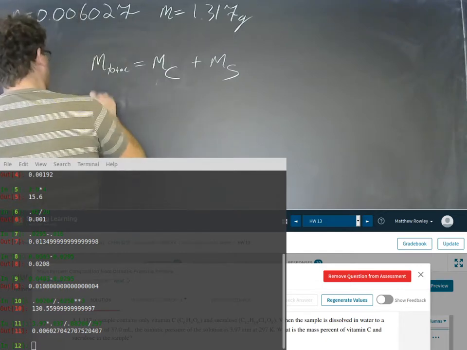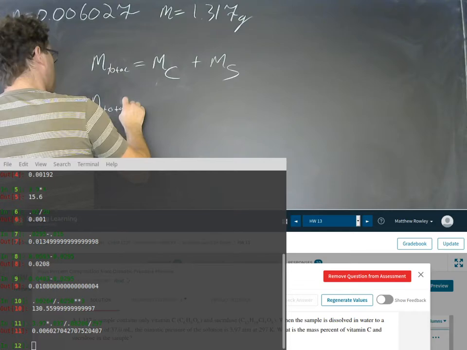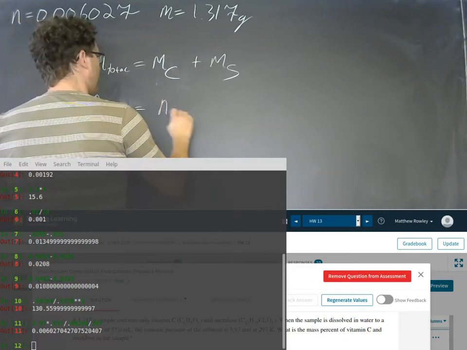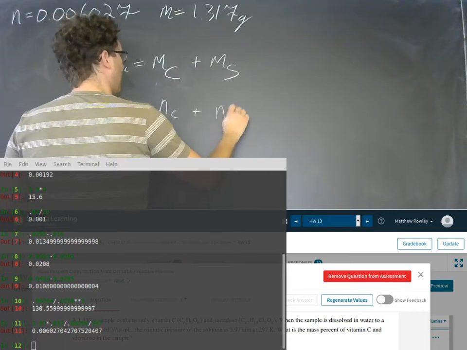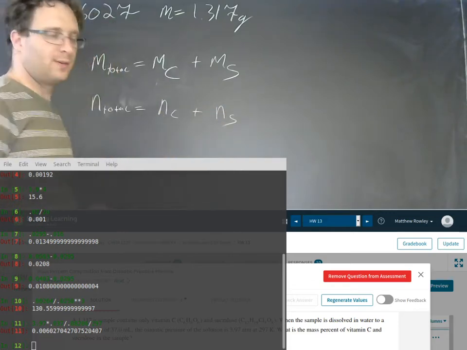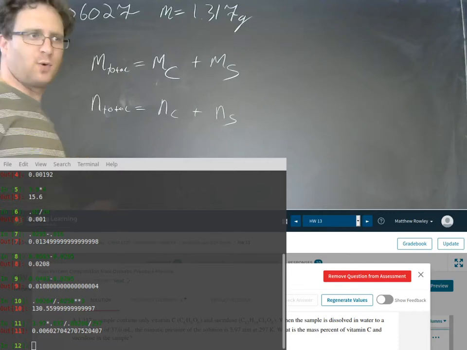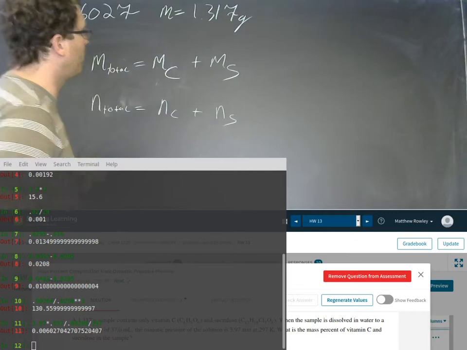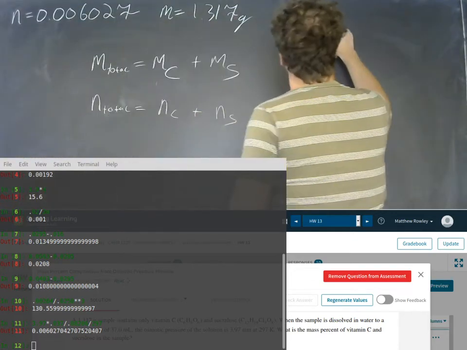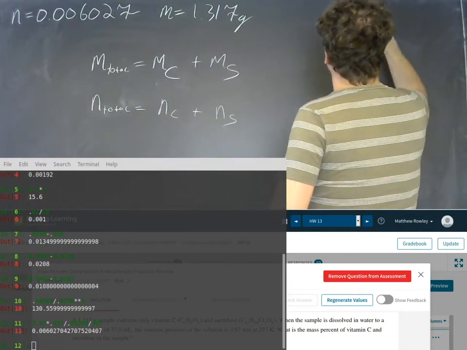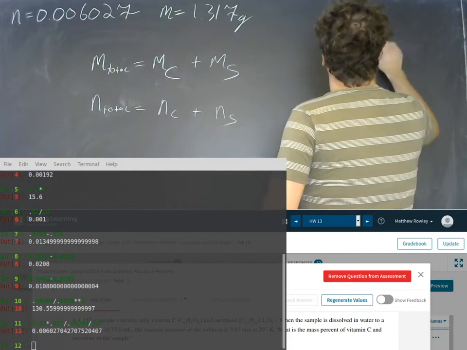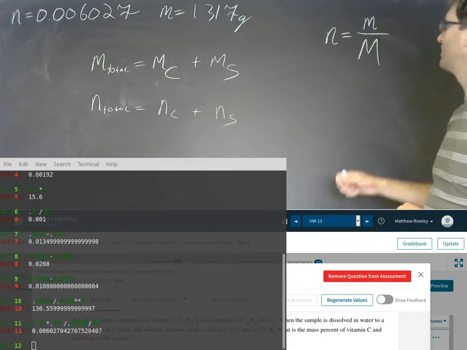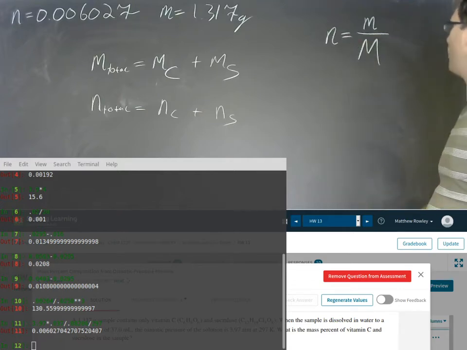And I know that n total is going to equal n of vitamin C plus n of sucralose. That makes perfect sense. Well, we can also recognize that the number of moles for anything is going to equal the mass divided by the formula weight, or the molecular weight, or the molar mass. So n equals m over M.